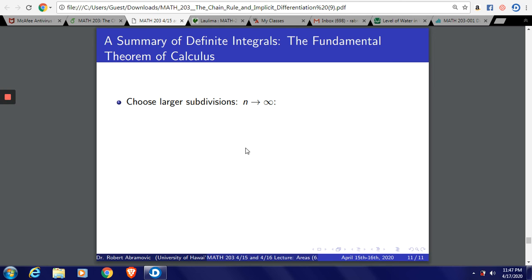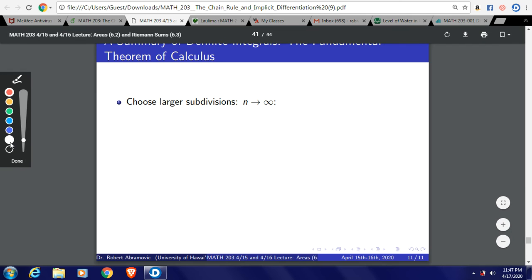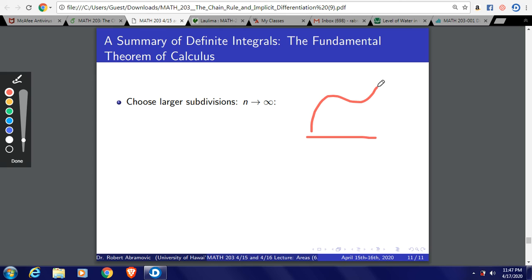And if you keep using finer and finer divisions, so that last picture there were three rectangles. If I draw another picture now, it's going to be more accurate, right, if there's more rectangles. Let's say we draw 1, 2, it wasn't quite right.